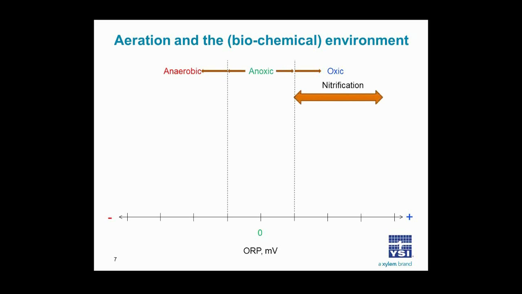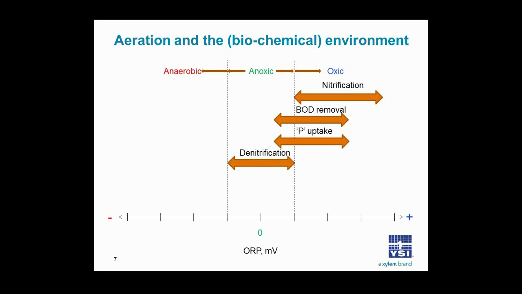So nitrification, for instance, takes place exclusively within the oxic zone because the bacteria require dissolved oxygen. BOD removal, on the other hand, is done by a lot of microorganisms that can be active under anoxic conditions as well as in oxic conditions. When we start talking about phosphorus removal, phosphorus uptake also can occur oxically and anoxically.